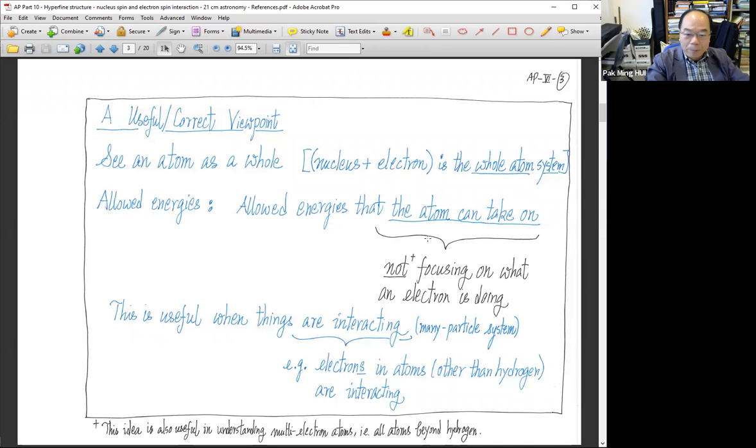It is useful because many things interact. And when the particles or the properties of the particles interact, it is more difficult to think about some property of this interacting thing as due to one of the constituents, one electron, okay?